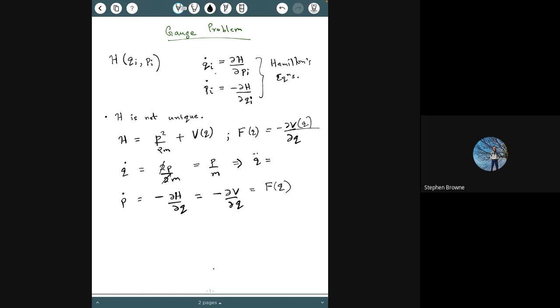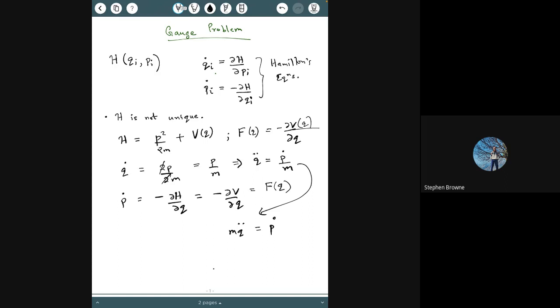And from here, if I take another derivative, then I have q double dot equal to p dot by m, and p dot is F(q). So what you get from here is basically that m q double dot is equal to p dot.